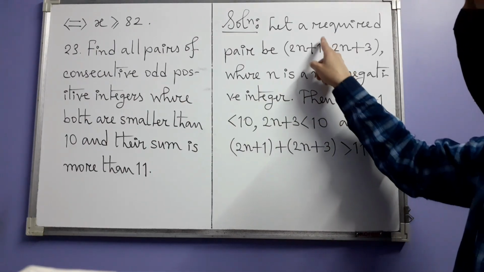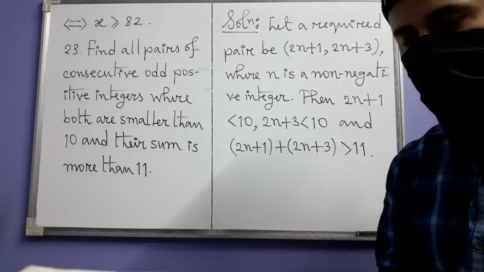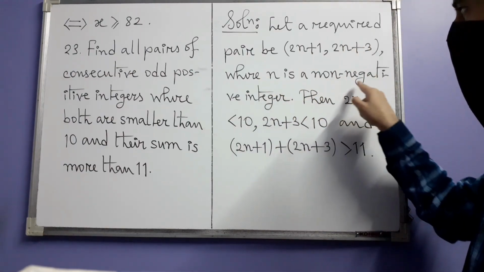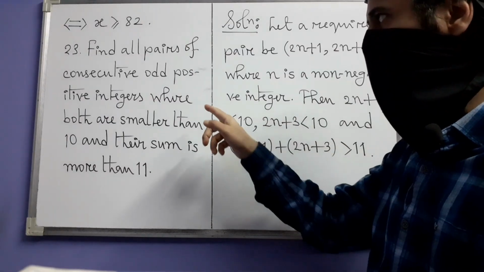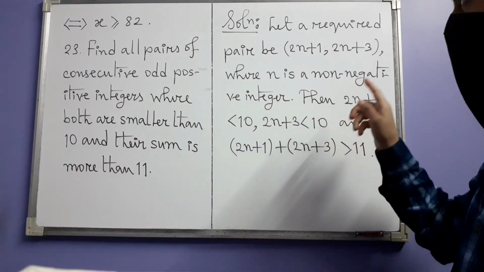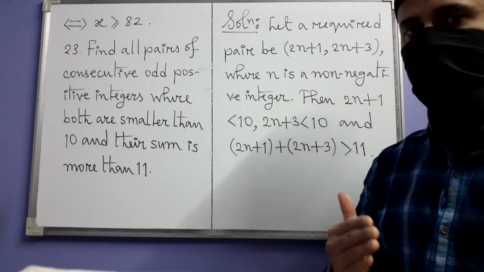But why does the number look like this in the first place, 2n plus 1? That is because it's odd. And that's why you have to also mention what n is, where n is a non-negative integer. You have to also keep in mind that the numbers have to be positive. So if n is non-negative, n can be either positive or 0.